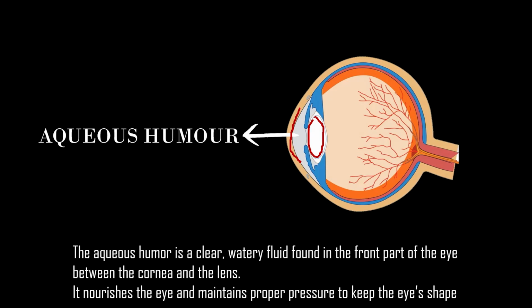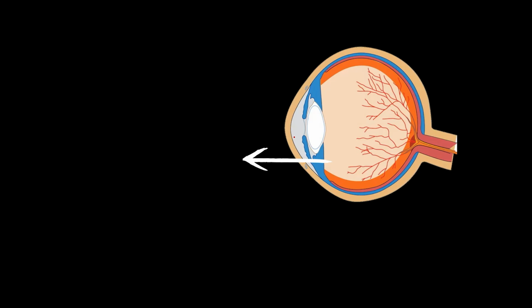The fluid which is present in between is called aqueous humor. It nourishes the eye and helps maintain the eye's shape.